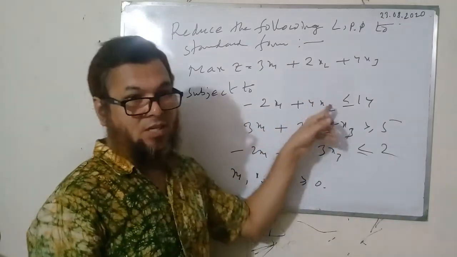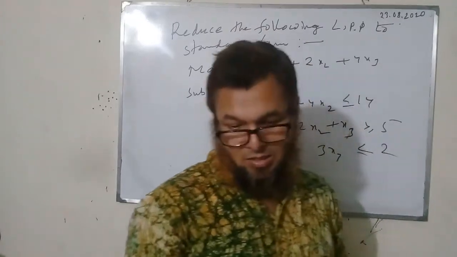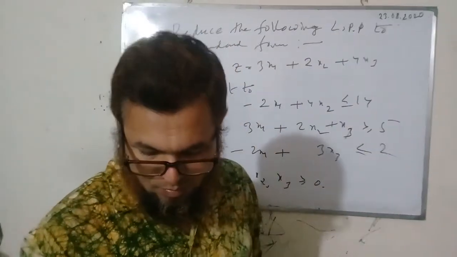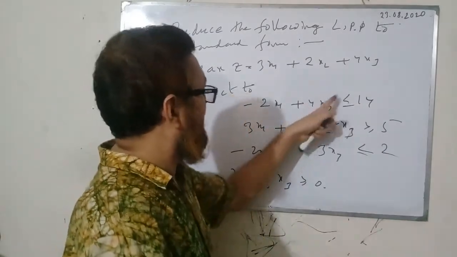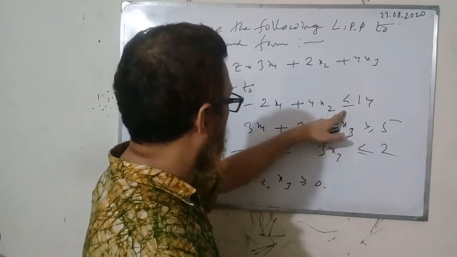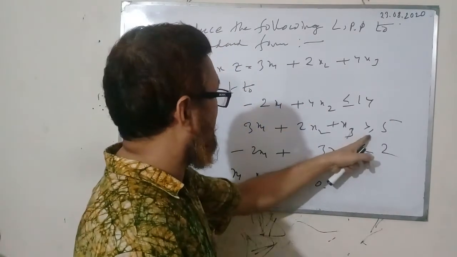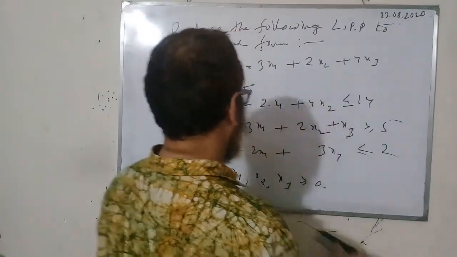We know in standard form the constraints are equal type. Now we can see that the first constraint is inequality type, less than or equal to type. The second is greater than or equal to type. The third constraint is less or equal type.